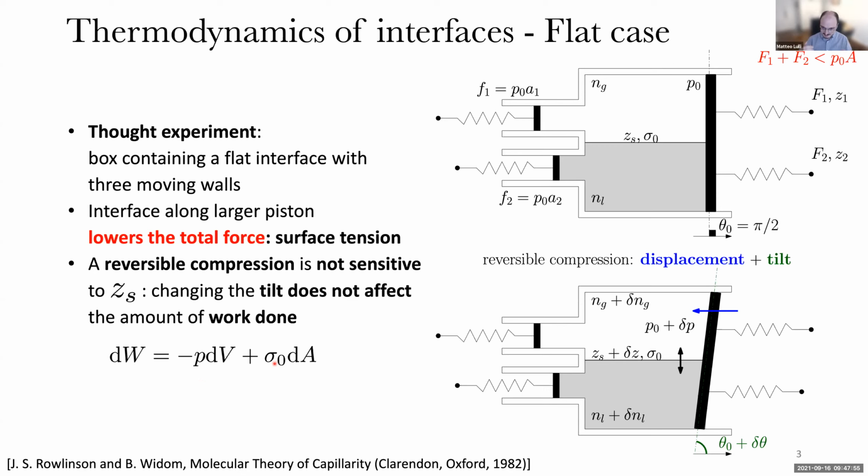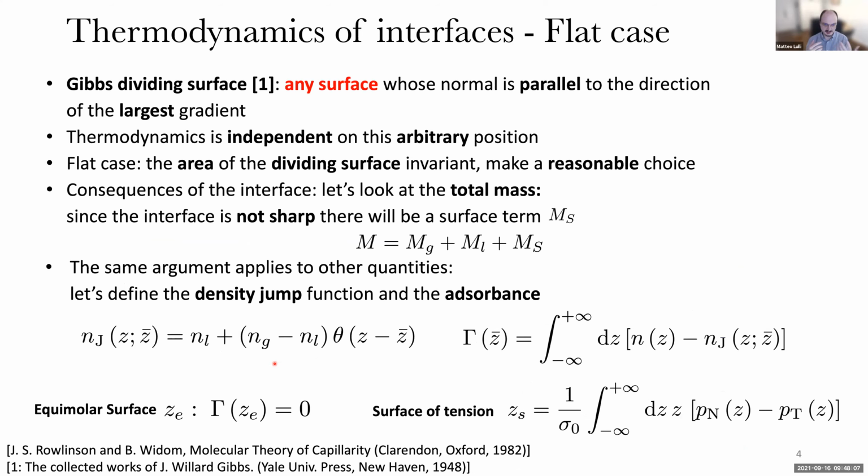So this is a very intuitive way to understand that the surface of tension in the flat case doesn't play a major role. Of course, it's important in our description to know where the separation between phases is, no matter what.